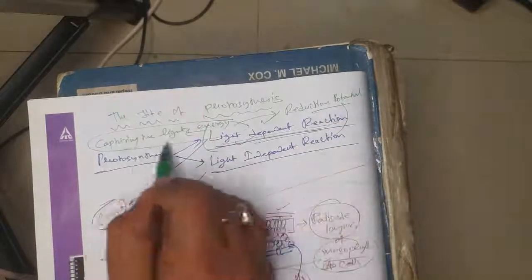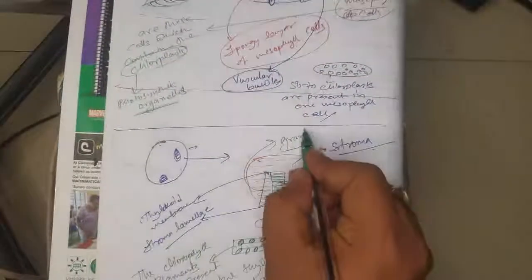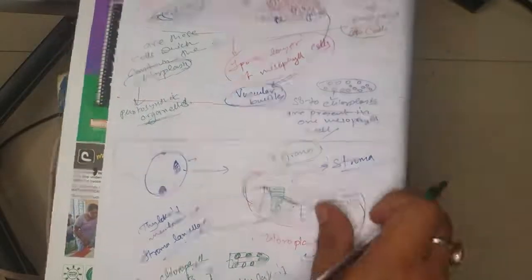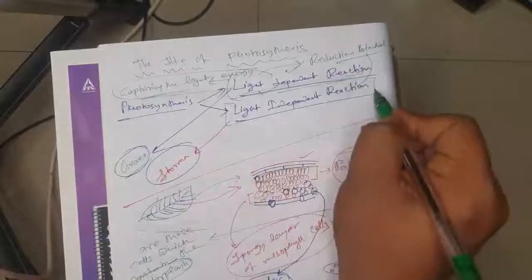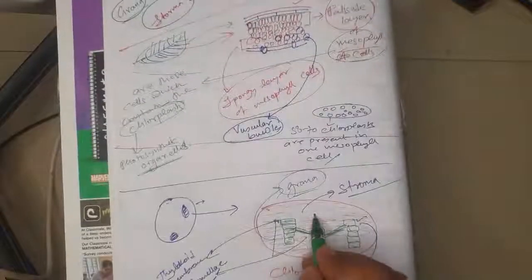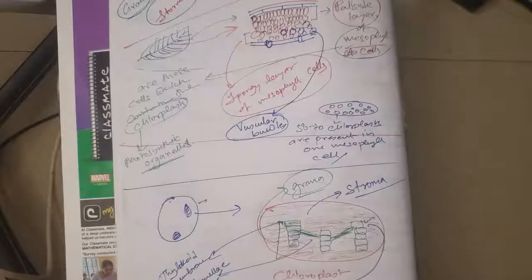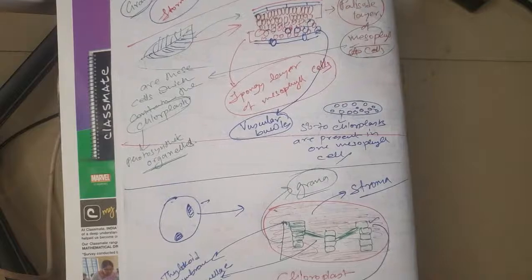So definitely, if it is capturing of light energy, it is going to happen in the grana. But the light independent reaction occurs in the stroma, which does not require any light.